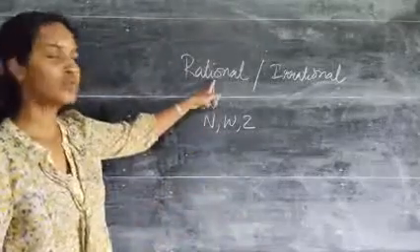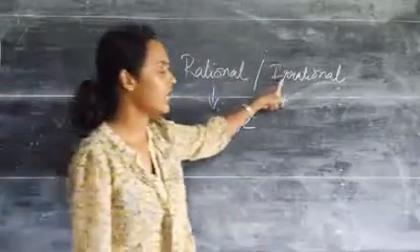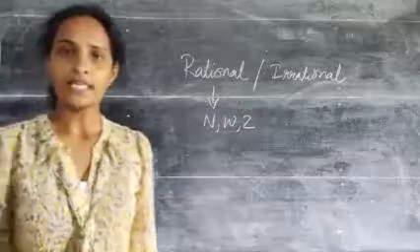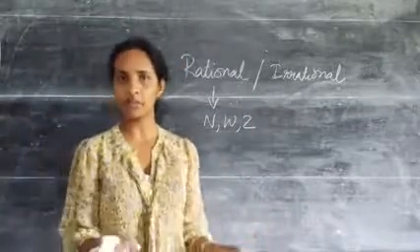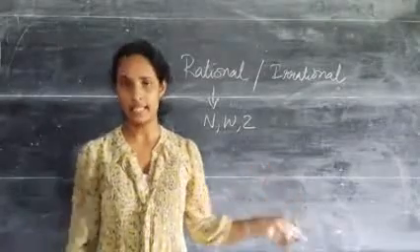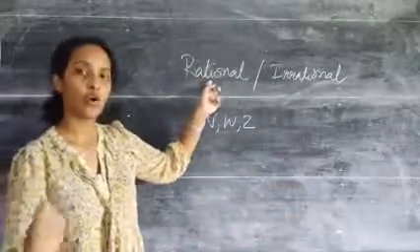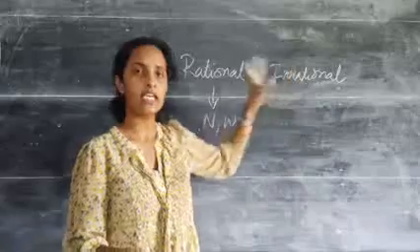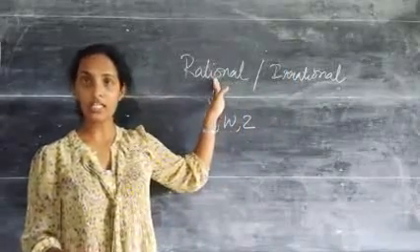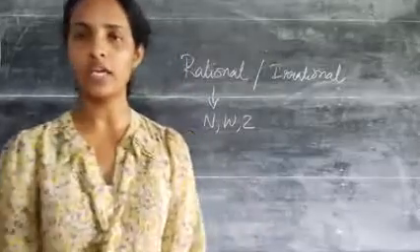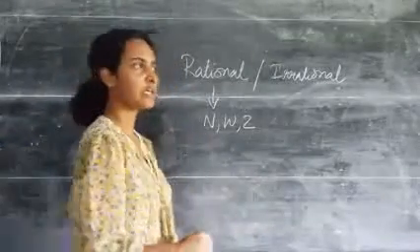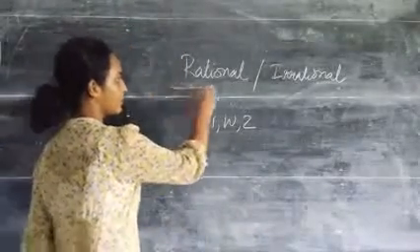And now you study two types of other numbers, rational and irrational, right? So every number in mathematics, every number in the world that you know is either rational or irrational, which means if it is not rational, it is what? Irrational. Okay? So every number is either rational or irrational, right?